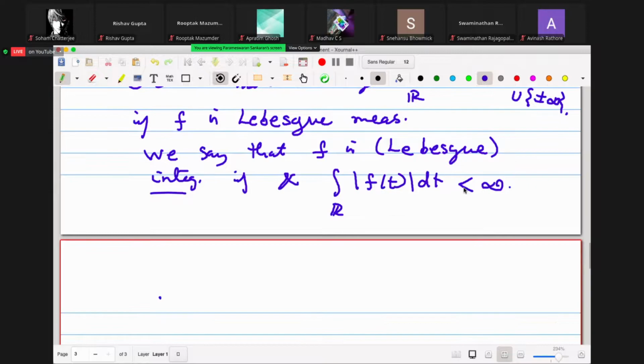So, examples. These are the most important examples. First of all, f is equal to some finite linear combination, first of all do it for intervals.